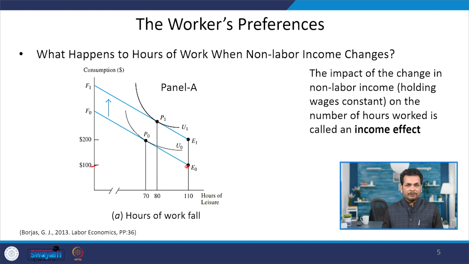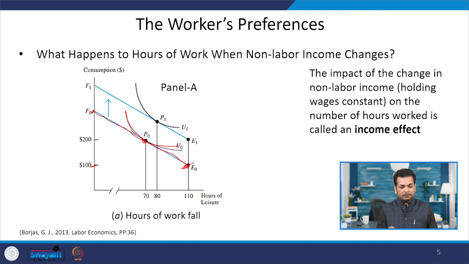The worker has a budget line F0 E0 and maximizes his utility on U0 at the point P0, which decides that the worker will have 40 hours of work. Now, let us say the non-labor income increases from $100 to $200.